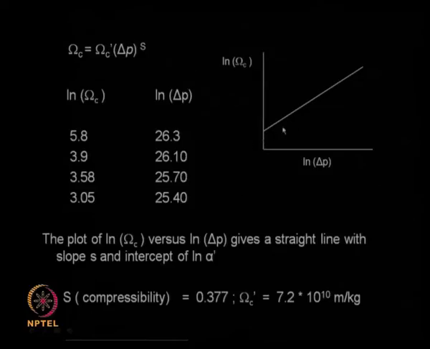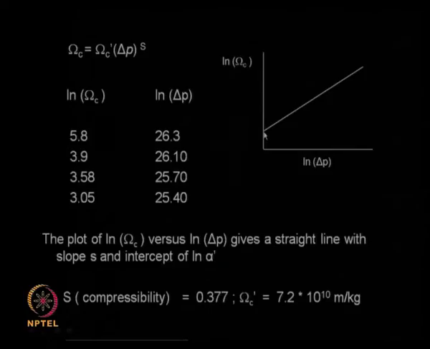And then the slope of that line will give you this term, which is called the relationship between the effect of delta p on the resistance offered by the cake, okay.